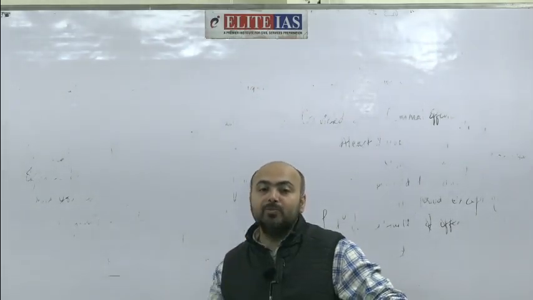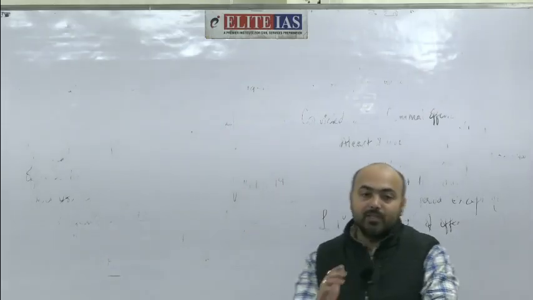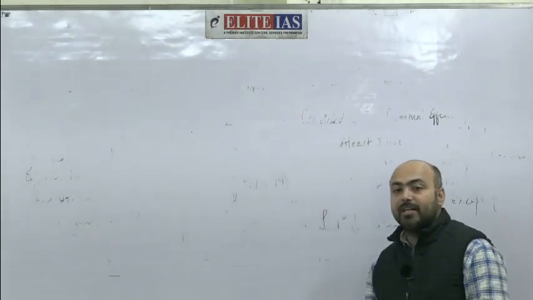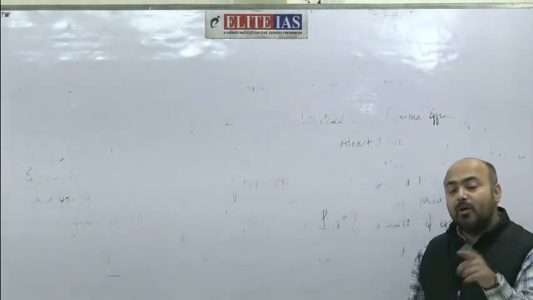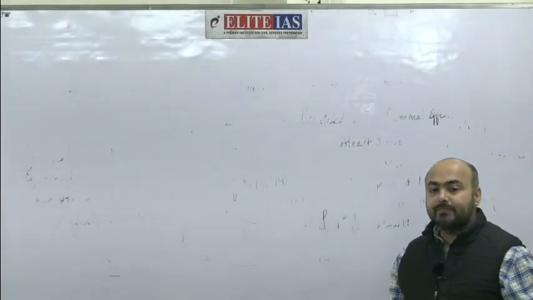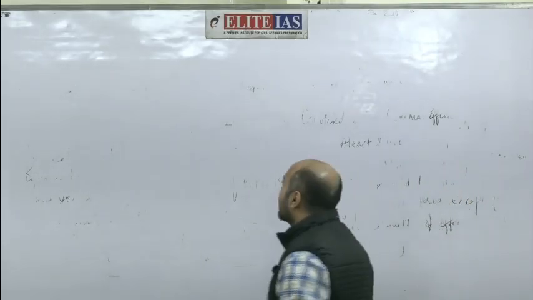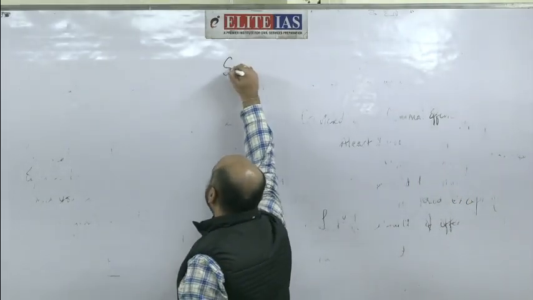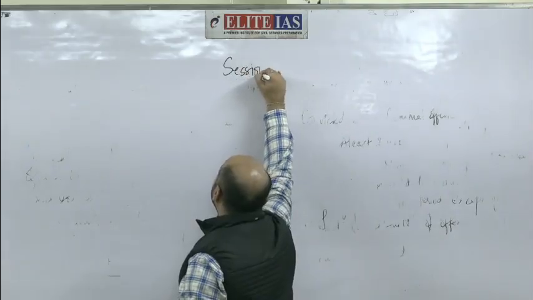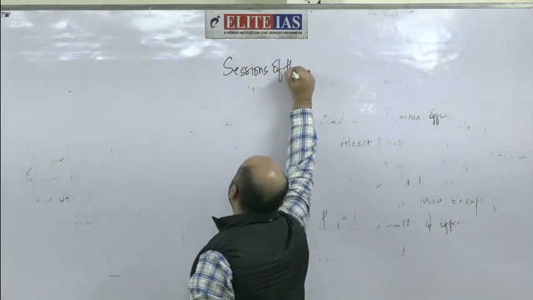He was not able to produce that certificate, and that was the reason why his nomination was rejected. He was not disqualified, his nomination was rejected. Clear? Now, sessions of the Parliament.